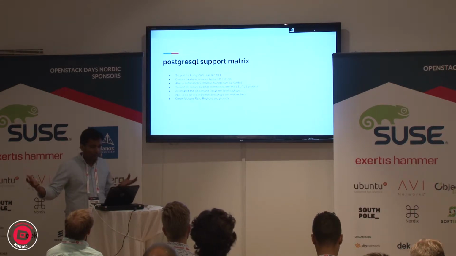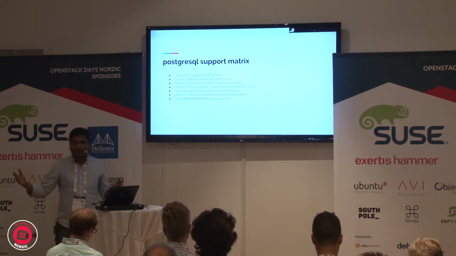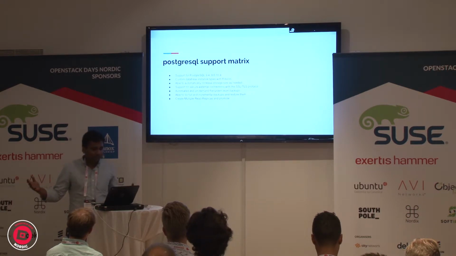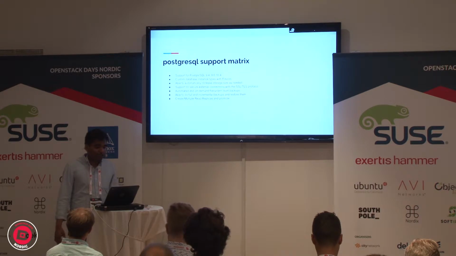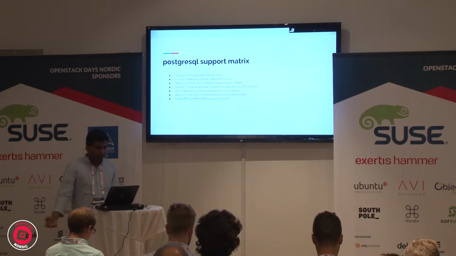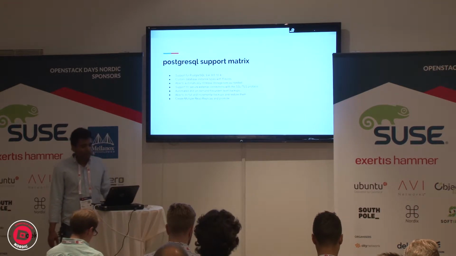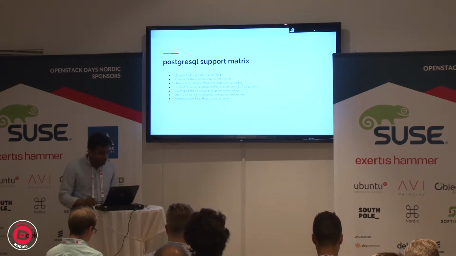You can have automated on-demand file system level backups, incremental backups, and you can create multiple replicas and promote them. These are the features supported by Trove for PostgreSQL, and you can also add many more.